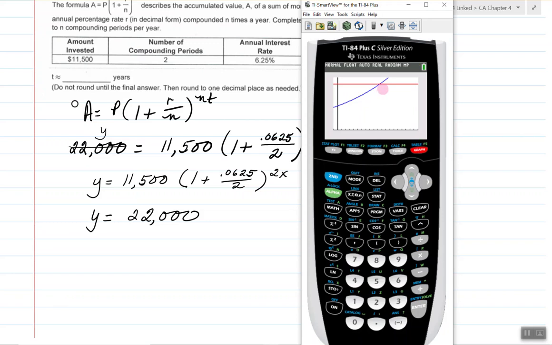I want to find the coordinates of this point. This is $22,000. Along here is time. So I will do second, calc, number 5, enter, enter, enter, and let's see, round to 1 decimal place is what it says.